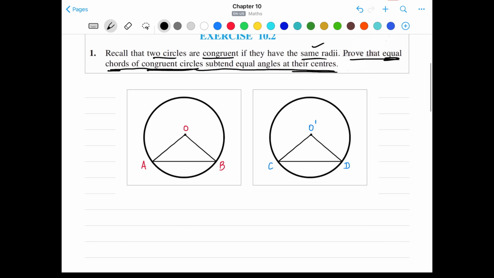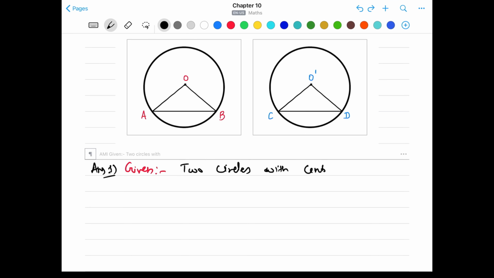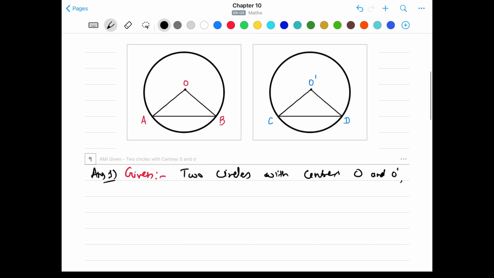So let's start its proof. This is answer number 1. First we'll write the given part. Given here are two circles with centers O and O dash. For the first circle the center is O, and for the second circle the center is O dash.